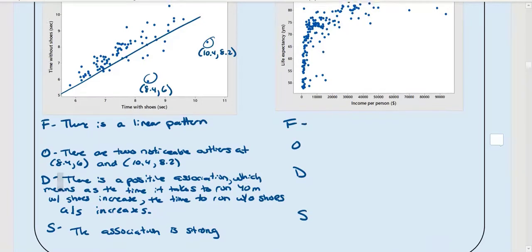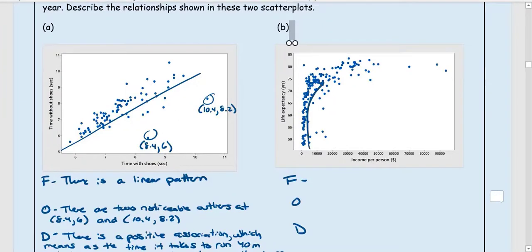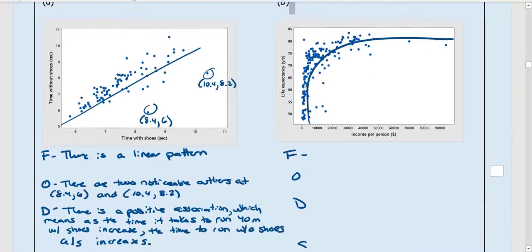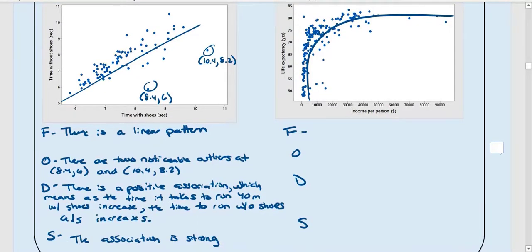Now this is a little different from the other one because there seems to be some sort of curve here. This looks like a logarithmic curve, which hopefully you remember from Algebra 2 or Pre-Calculus. So I would say that there is a curved (nonlinear) pattern.